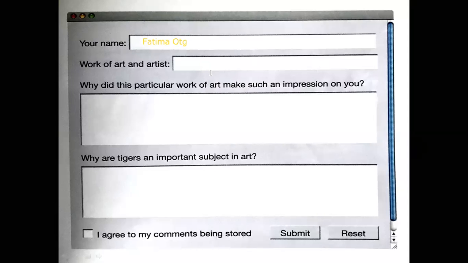So you're going to choose one of those. Which picture are you going to write about? And then, why did the art make an impression on you? For example, which picture are you impressed by most? And then, another question you're going to write here: why are tigers an important subject in art?